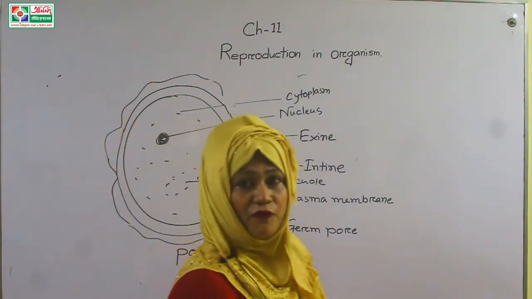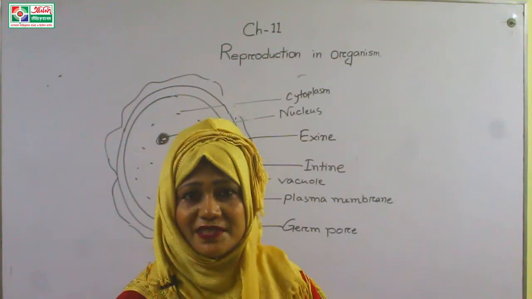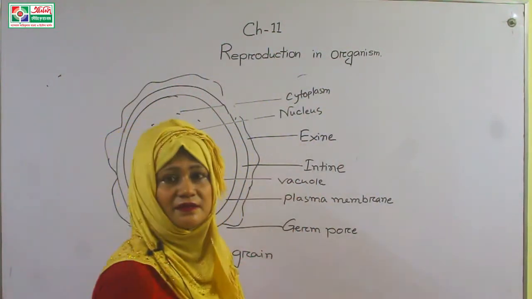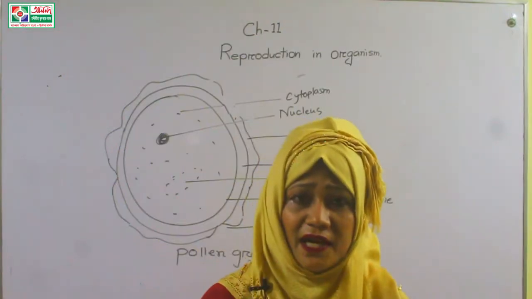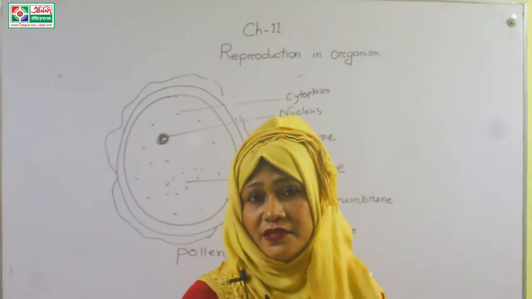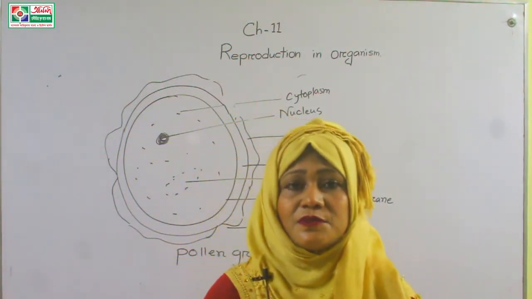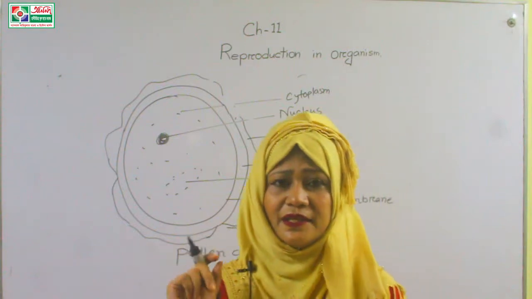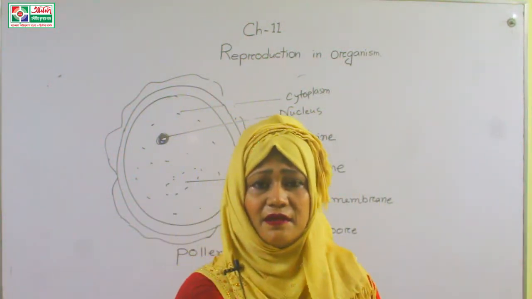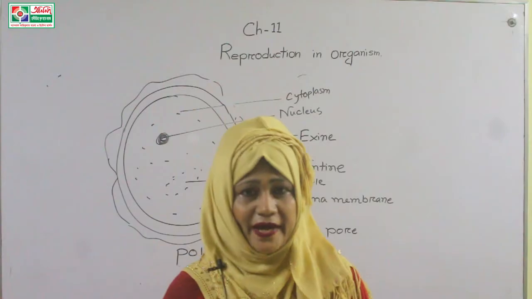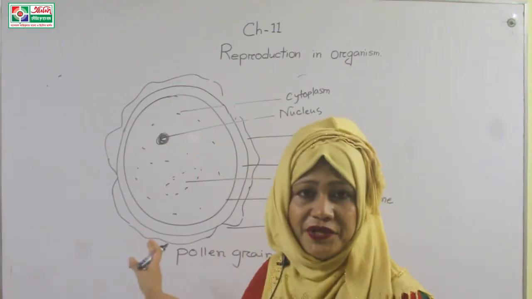And I want to say something about exine and intine. The exine is hard, thick, ornamented and also resistant. It is made up of sporopollenin, the hardest organic substance in the world. No acid, no enzyme can degrade this.